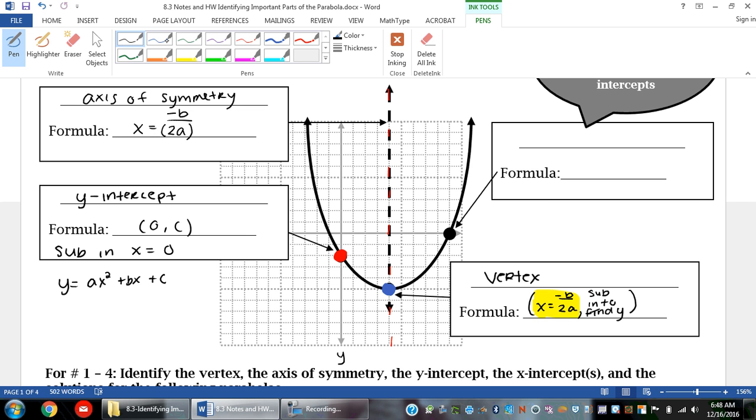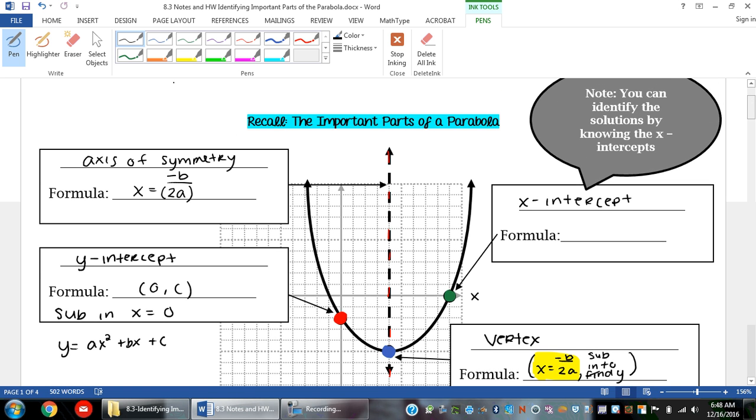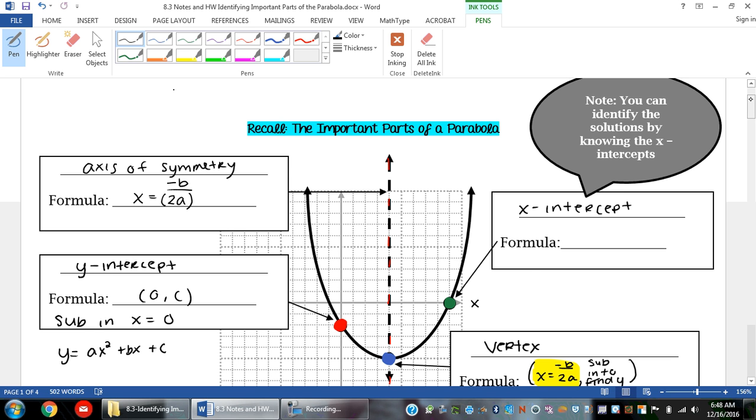And lastly, this point right here lies on the x-axis, so this will be the x-intercept. Now we either substitute 0 in for y, or we can just look to find it on the graph. Now, if we know the x-intercepts, those are also called the solutions.